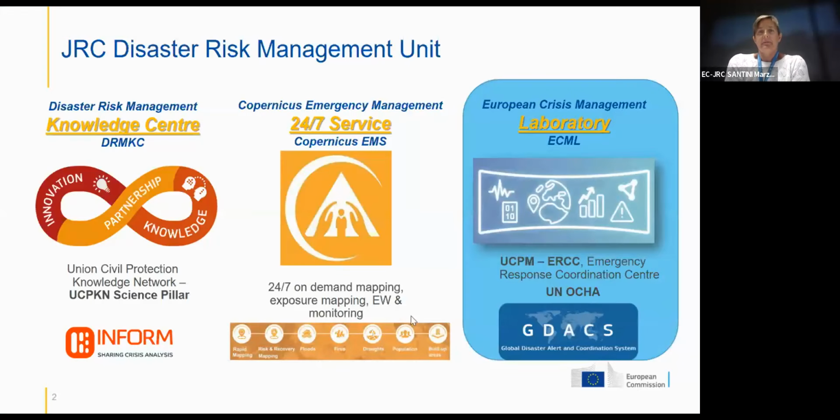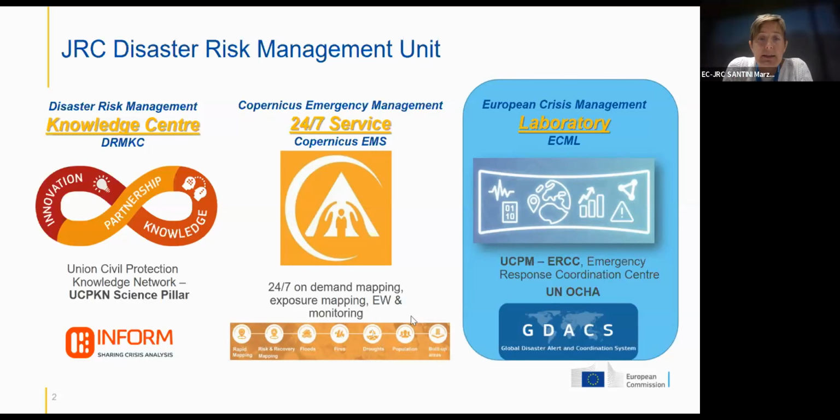Our laboratory, highlighted in blue on the right-hand side of the screen, is one of the three pillars of our disaster risk management unit at JRC. We are about 120 scientists working on all phases of the disaster risk management cycle to inform the European Commission policy making in various sectors. The Disaster Risk Management Knowledge Center performs a constant horizon scanning of the DRM knowledge base to identify gaps and integrate available scientific knowledge to be shared in a digestible format with decision makers.